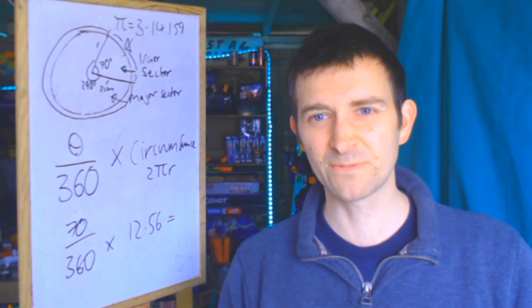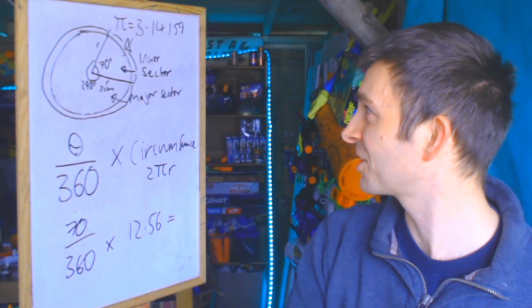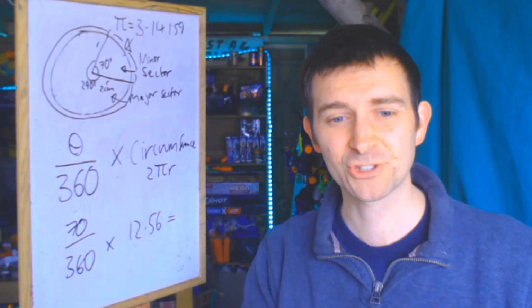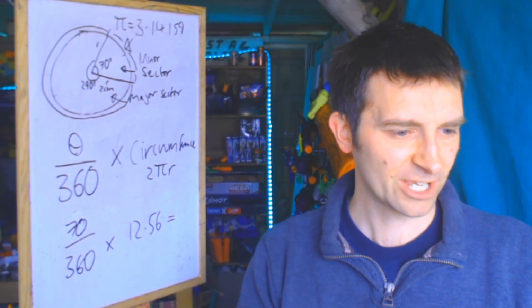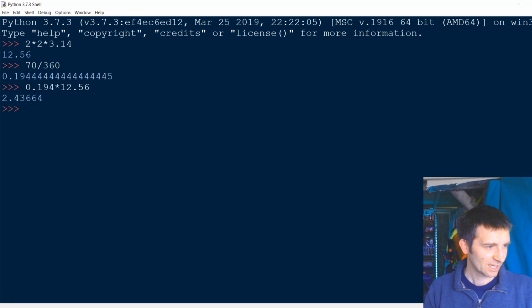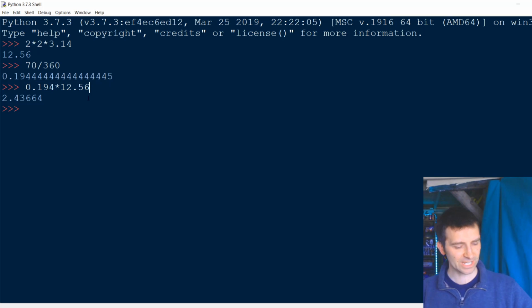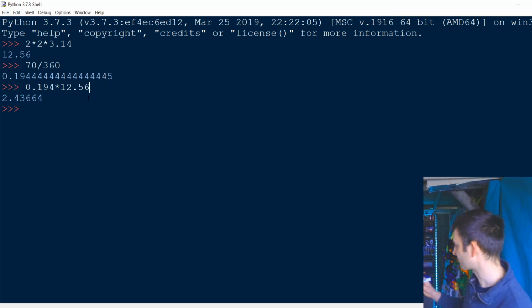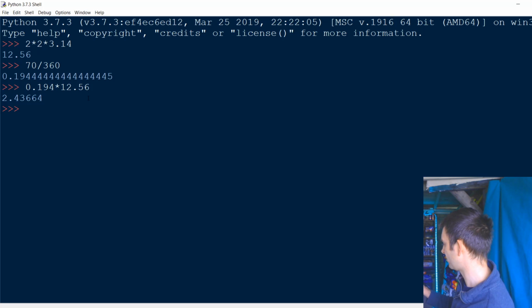Well, actually, do we even need to do the calculation? Because it's going to be the same answer as before. So if we go back to Python once more, we've got our proportion right there, which is going to be the same as before, times 12.56 equals 2.43, and then let's just round that, equals 2.44 centimeters. Is it centimeters squared this time?